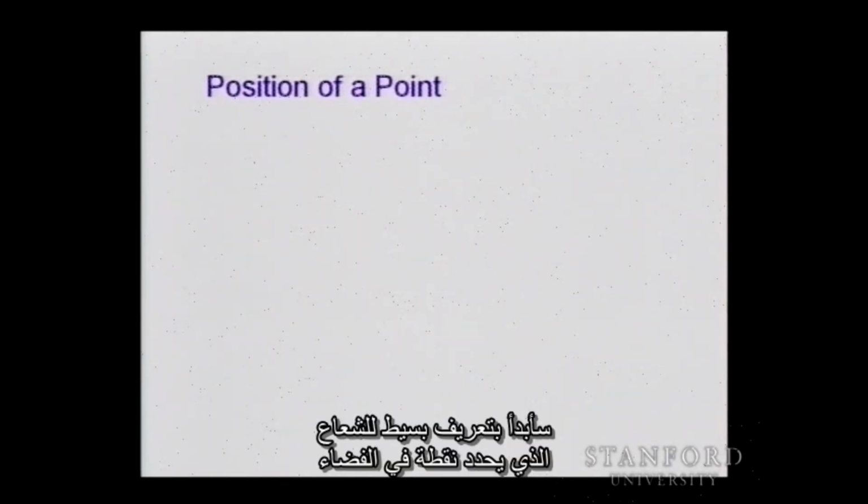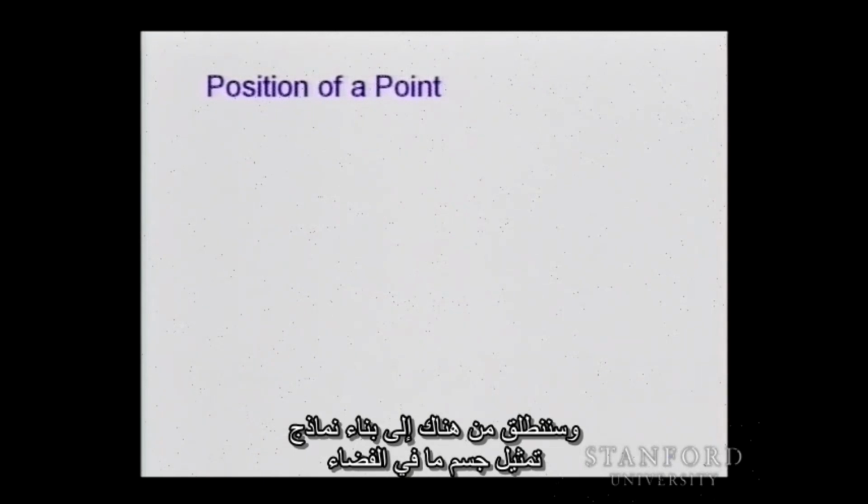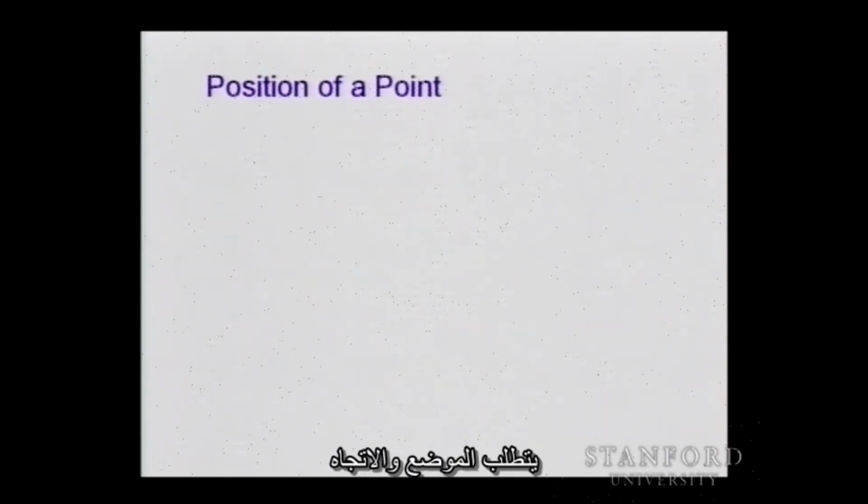So I'm going to start with the simple definition of a vector that is defining a point in space, and we are going to go from there to building the models for representing an object in space, which requires position and orientation. And then we connect these objects.